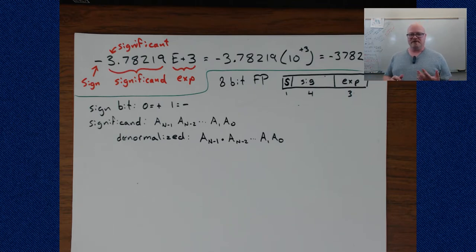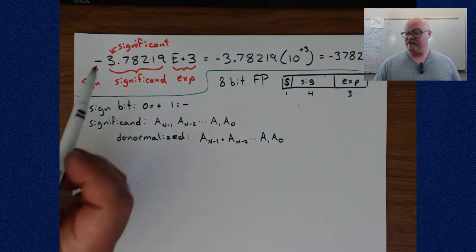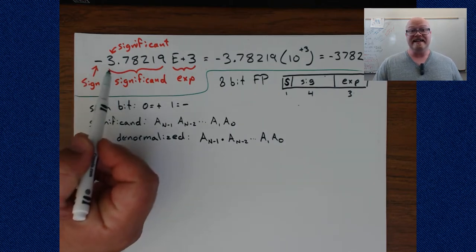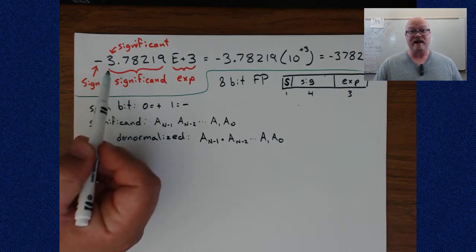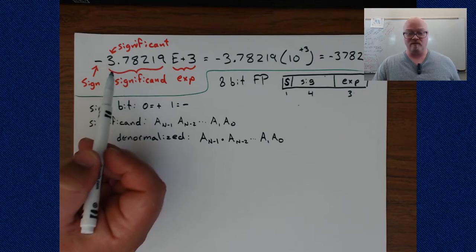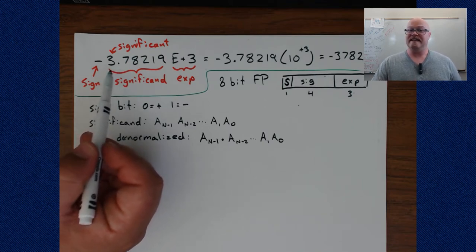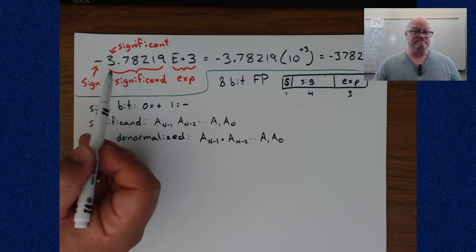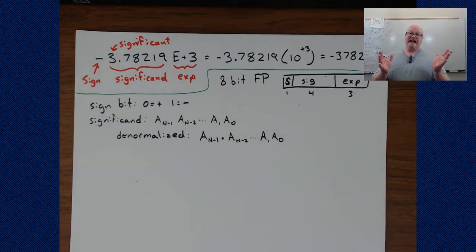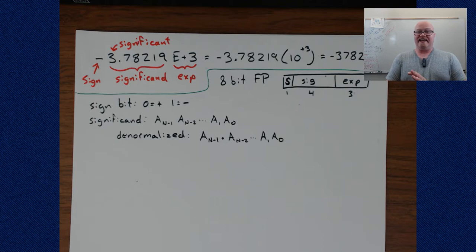And so it behooves us to wonder why we bothered to put the 0 in that most significant bit position, and why not go further down until we got something that wasn't 0, just like we have here in our decimal value, right? We don't typically write 0.37 whatever and then change the exponent to deal with it. We would put the 3 here. Now in binary, if it's not going to be 0, it can only be one thing, 1. So in binary, we can normalize and get an extra benefit.